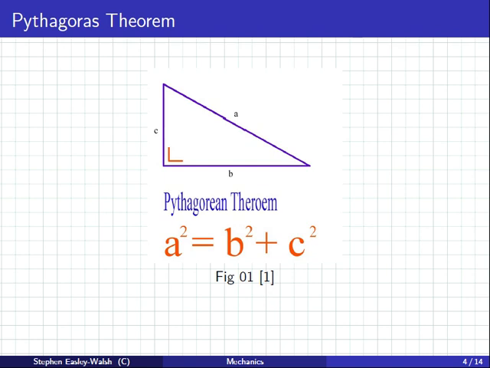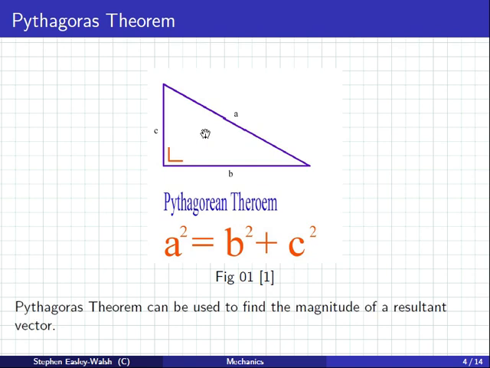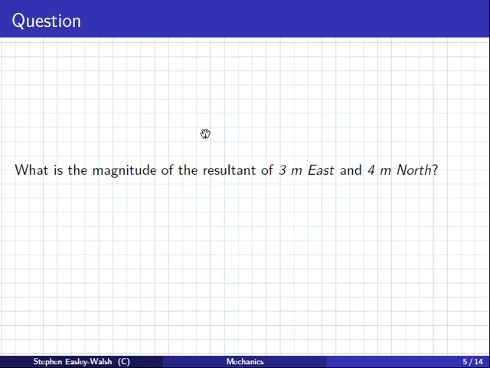What's the name of this triangle? Right angle triangle, yeah. Continue? Yeah. This is useful for finding the magnitude. Right, here is a very simple one. I think it'll only take you a few seconds.